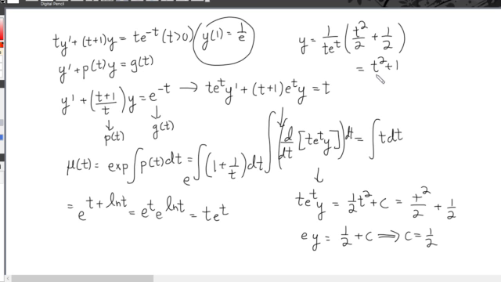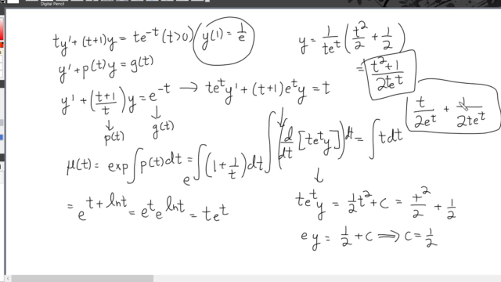Actually, well, there's two ways to do it. You could either write it as t squared plus 1 over 2 to the power of et, or if you prefer, you could just cancel out the t's here and get t over, oh wait, there is a t here, okay, t over 2et plus 1 over 2t et.